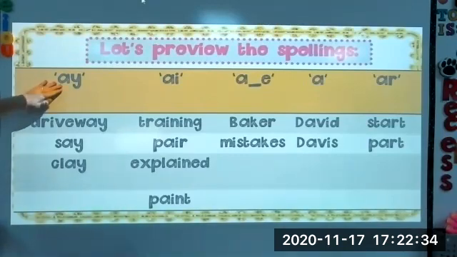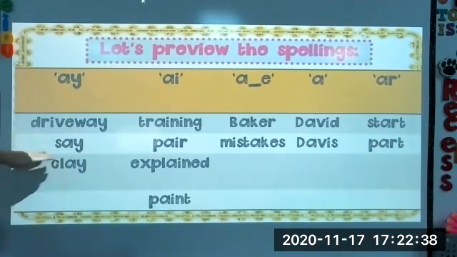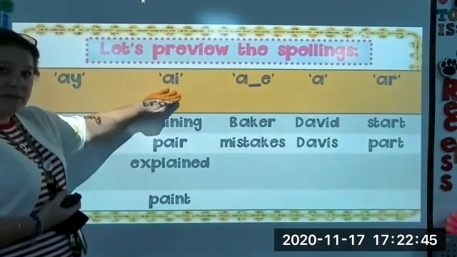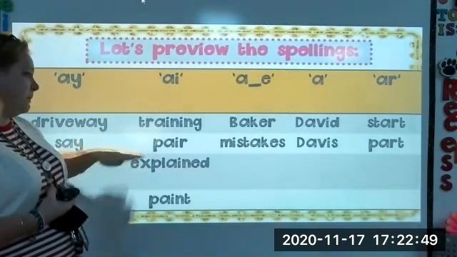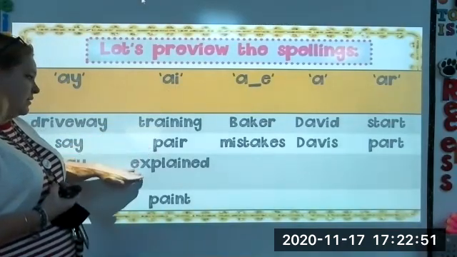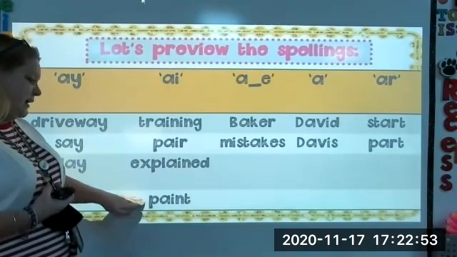So we have the A sound with AY in driveway, say, and clay. We have the AI spelling for the sound A in training, pair, explained, and paint.